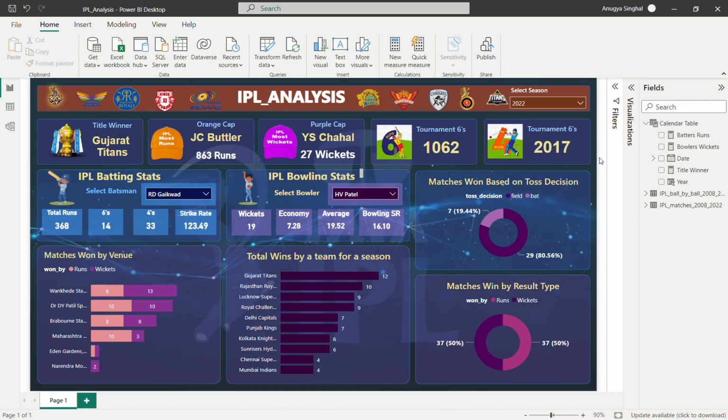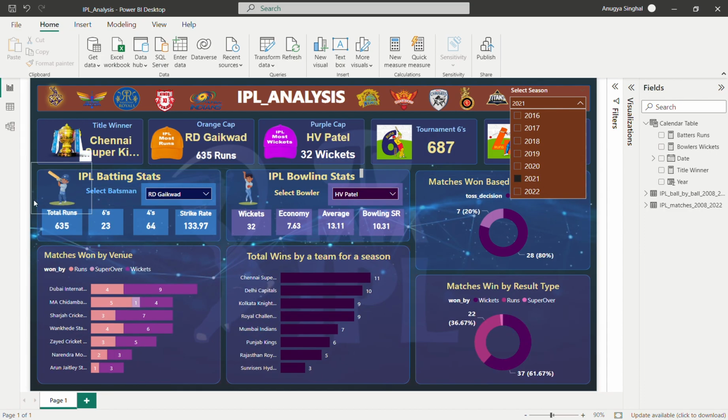So this is the data set and analysis of the year 2022. If we move on to the year 2021, the title of the winner goes to the Chennai Super Kings, and the Orange Cap title is won by RT Gaikwad with 635 runs, and the Purple Cap title is won by HV Patel with 32 wickets of the season.